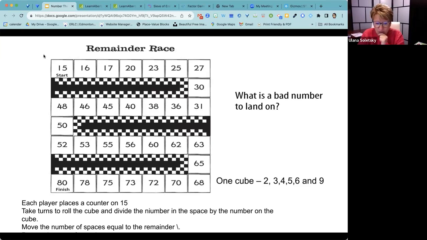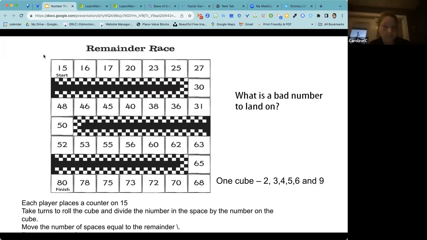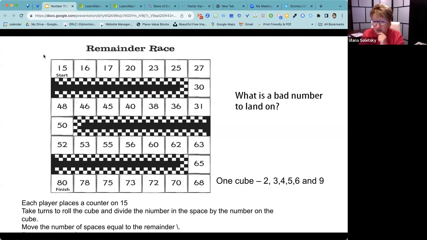When we are working with kids that are in grade 6, we're talking about 12, 13-year-old kids. I'm not going to give them a number like 75 to the power of 2 or 75 to the power of 3. Not going to do that. But I will give them 2 to the power of 4, 5 to the power of 2, 6 to the power of 2. I might even go 6 to the power of 3. But I'm going to be careful.